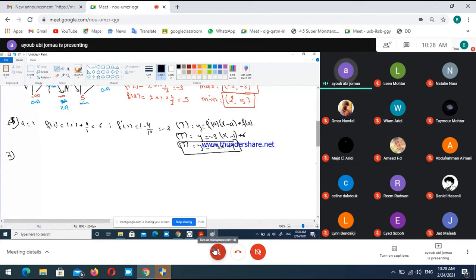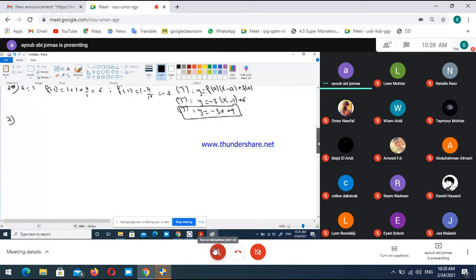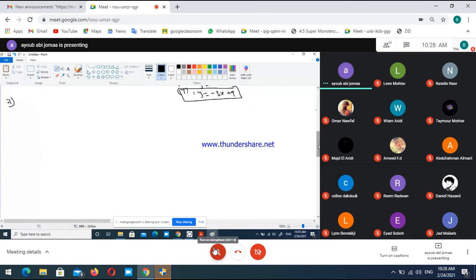Now for the graph of the function, draw the coordinate system. First of all, x equals 0 is a vertical asymptote. The asymptote we usually draw as a dotted line.